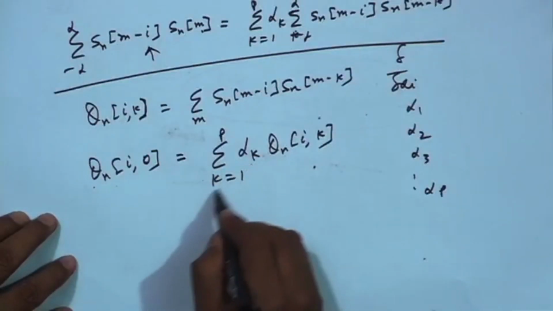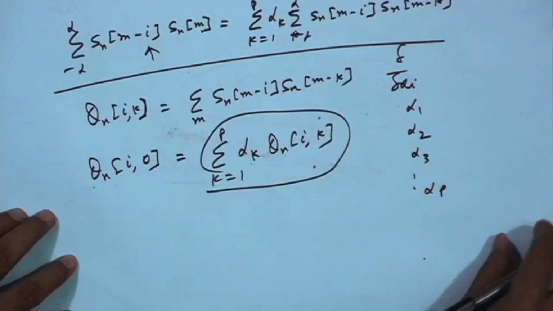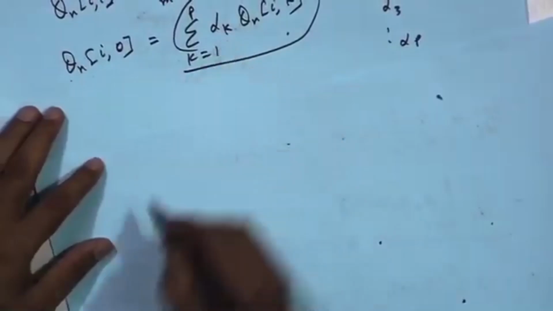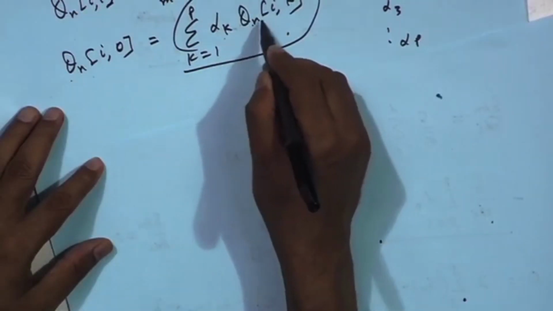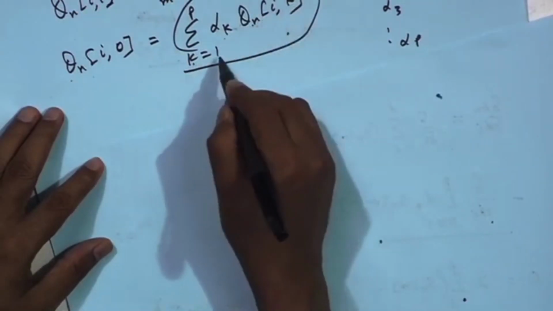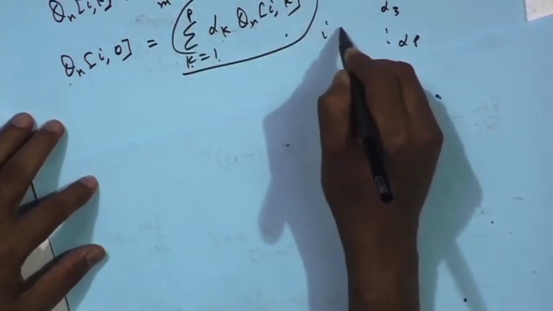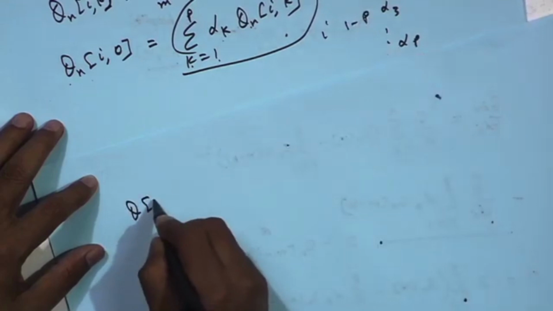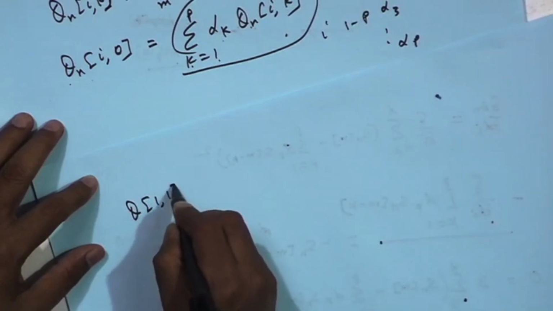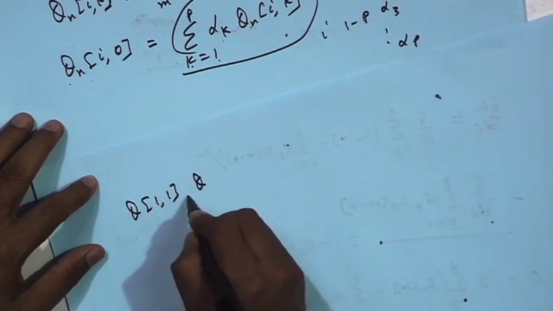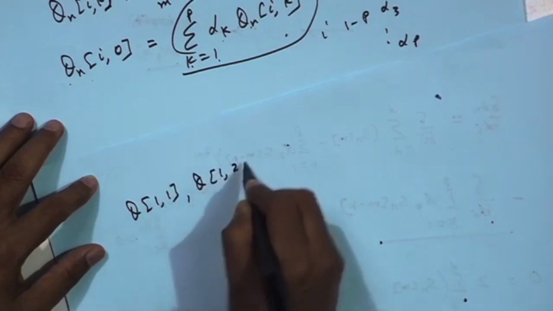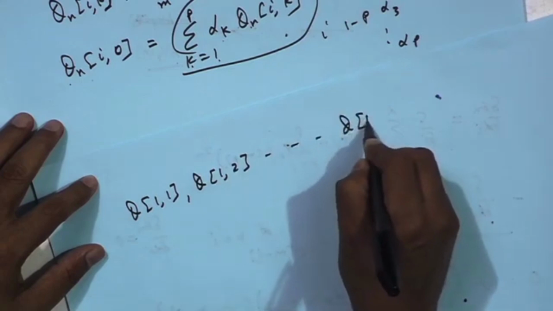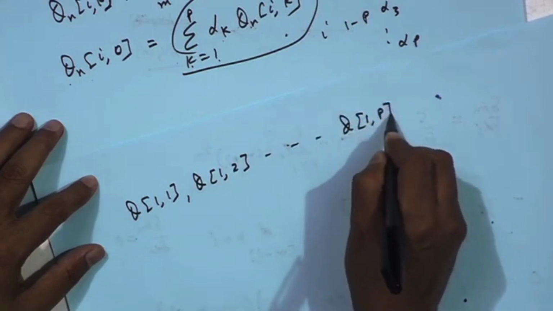Now, if I write it in matrix form, so what will I write? This side I can write phi I k, where k equal to 1 to p and I also varies from 1 to p. So, I can say phi 1 1, phi 1 2, dot dot dot, phi 1 p.